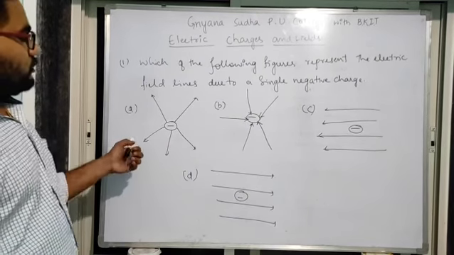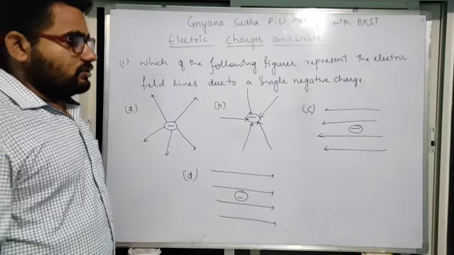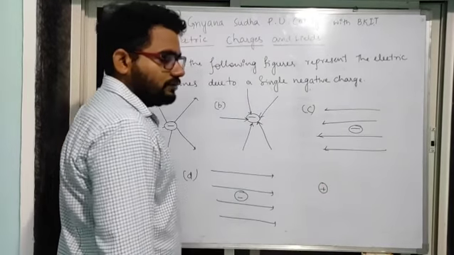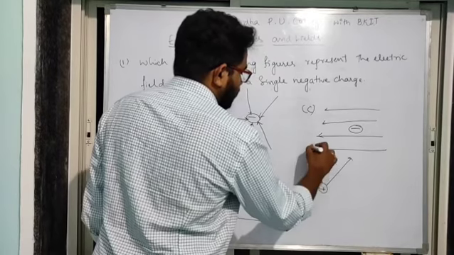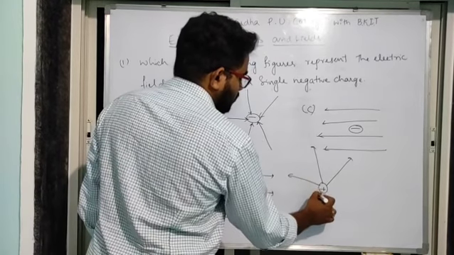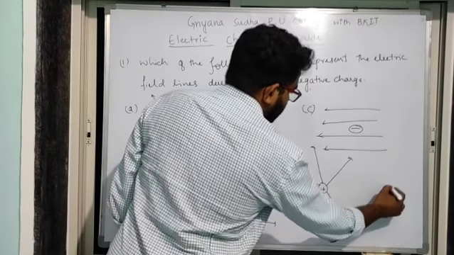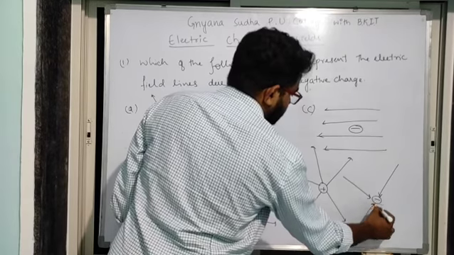Okay. Now, what we studied in yesterday's class: from a positive charge, field lines start outwards, and in a negative charge, the field lines will be coming towards it, right?